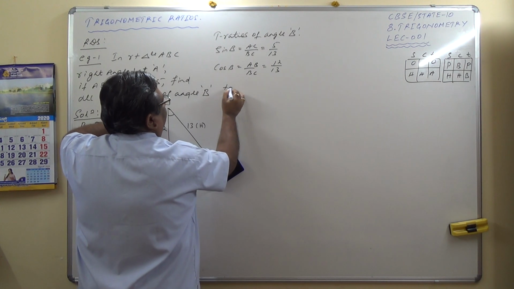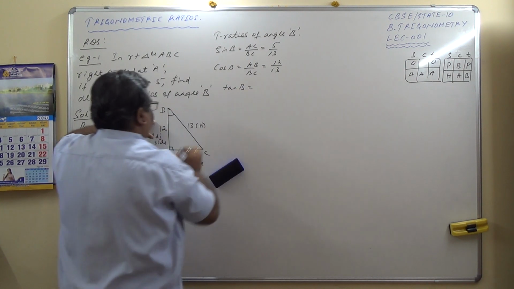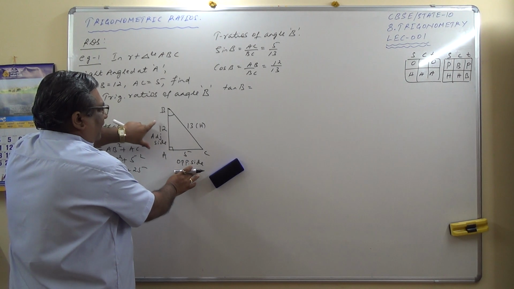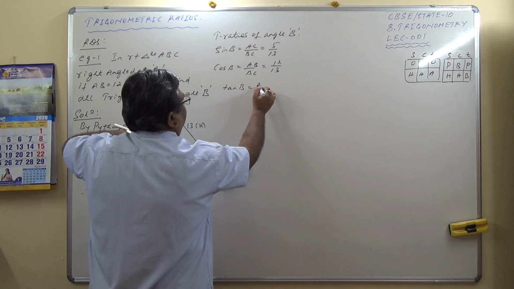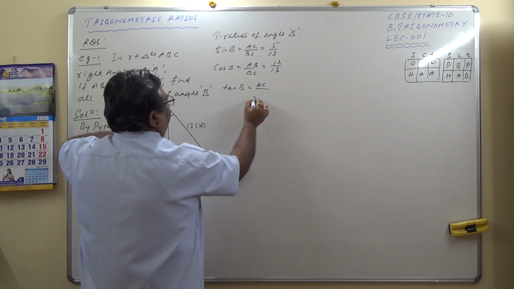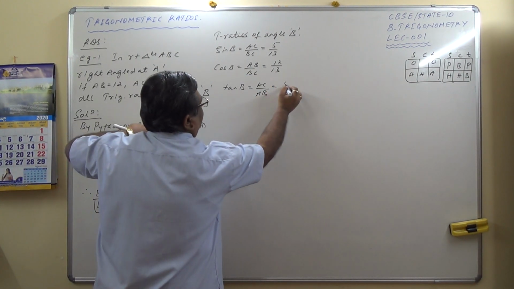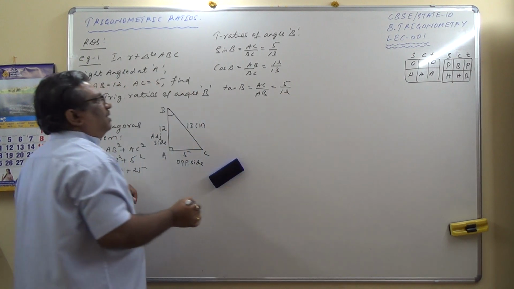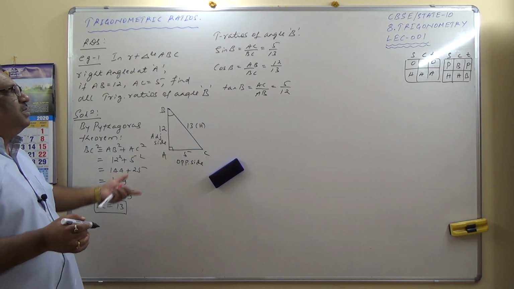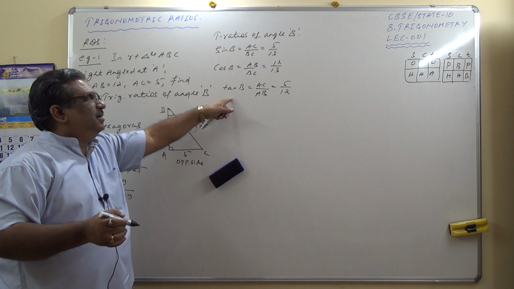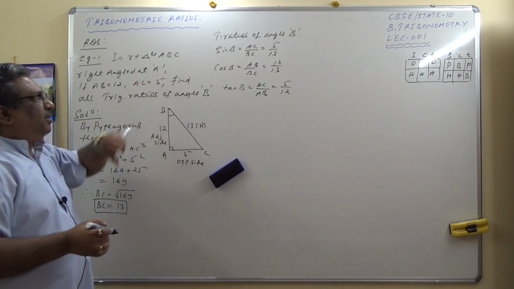Tan B is opposite by adjacent side, AC by AB, which is 5 by 12. Once you know these three ratios, next, cosecant, secant and cotangent are the reciprocals of these.